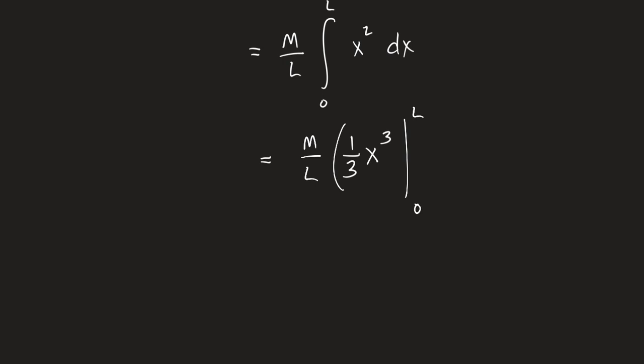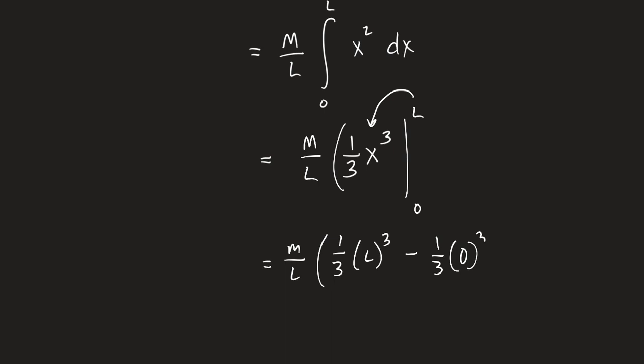Step 2, put in your limits of integration. That simply means to start at the end, put in the L first. So I will have m over L times 1/3 L cubed. You put L in for x, since x was the variable of integration. And then you subtract the lower limit, so 1/3 times 0 cubed.